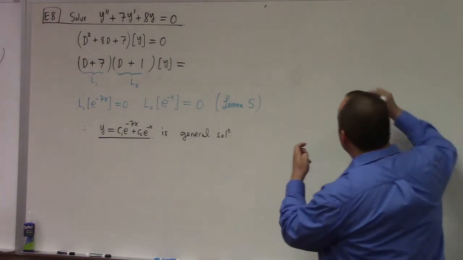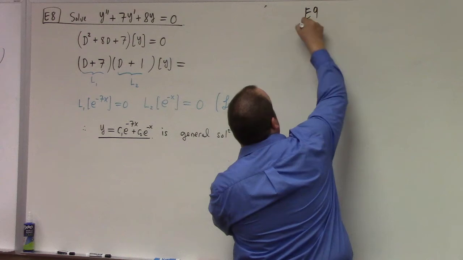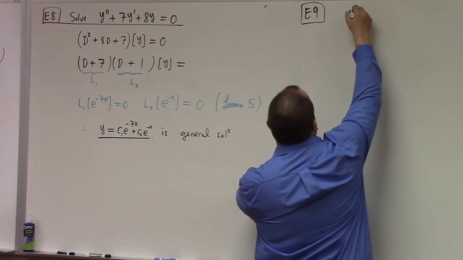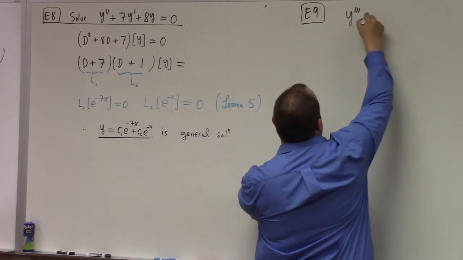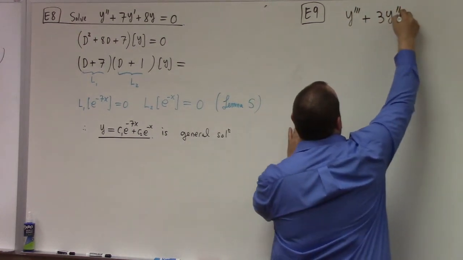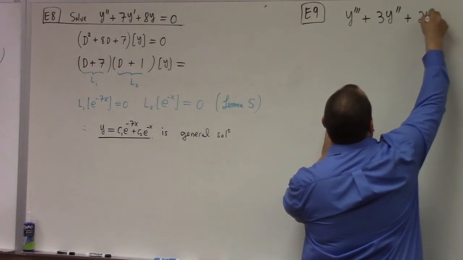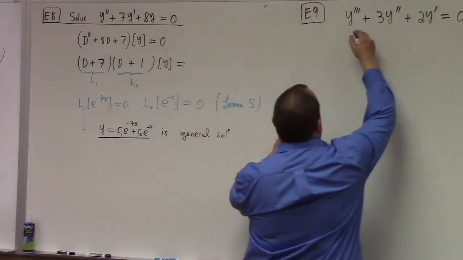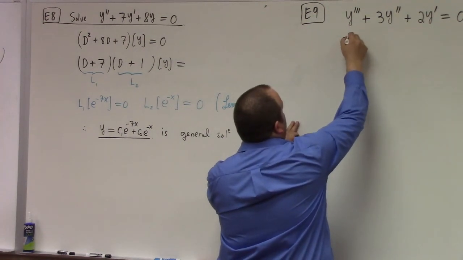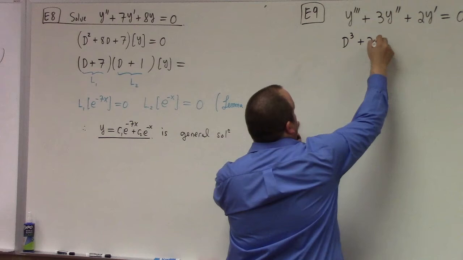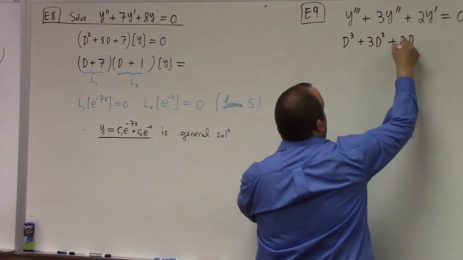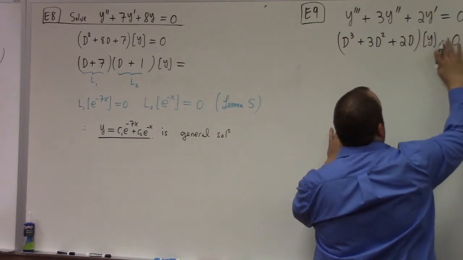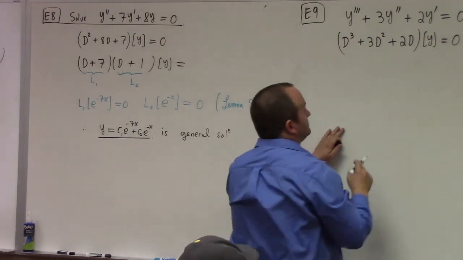All right, example 9. How about this? y''' + 3y'' + 2y' = 0. All right, I'll pick up the pace a little bit here. This is D cubed plus 3D squared plus 2D acting on y equals 0.